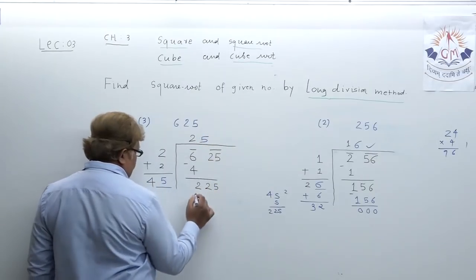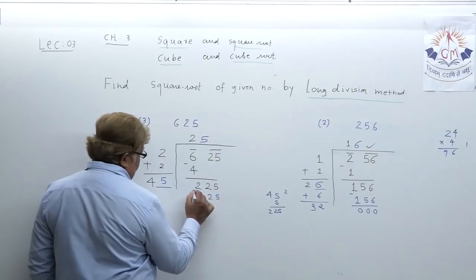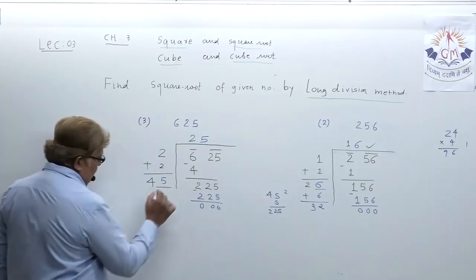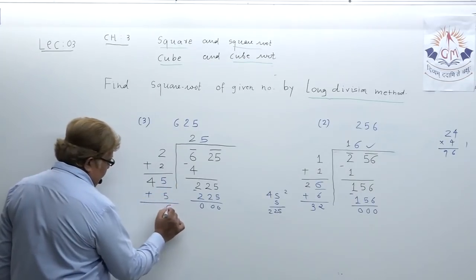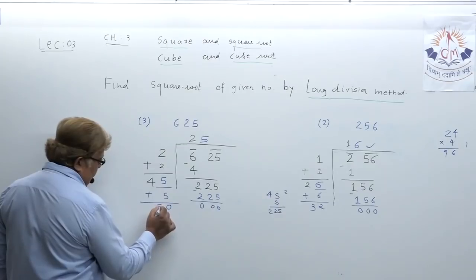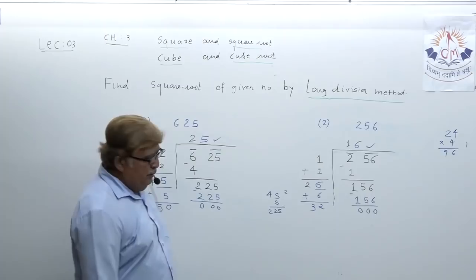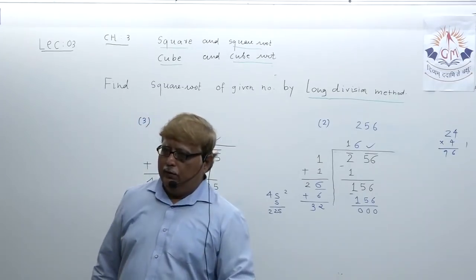45, 5 ja, 225. Subtract as per the process. Add. Okay. This is the final answer. What is that? 28. You understood this, right?